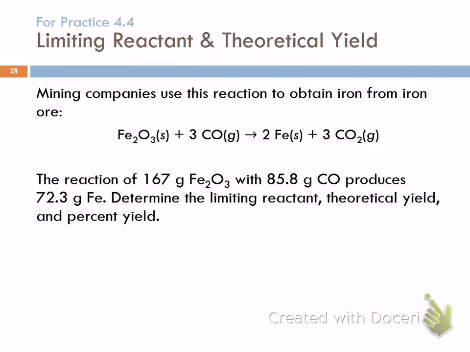Well, let's take the numbers and write them under the balanced chemical equation. So 167 grams of Fe2O3, 85.8 grams of carbon monoxide, and it says it produces 72.3 grams of iron.